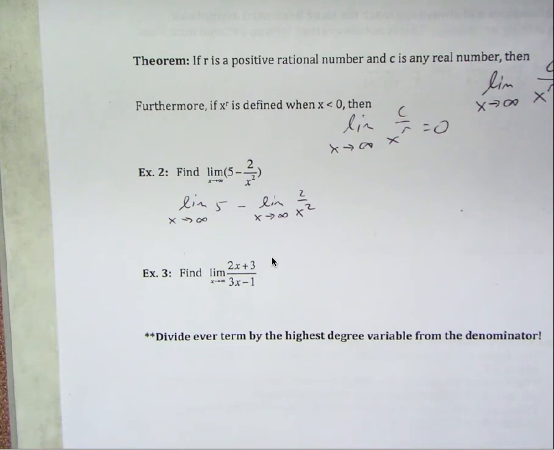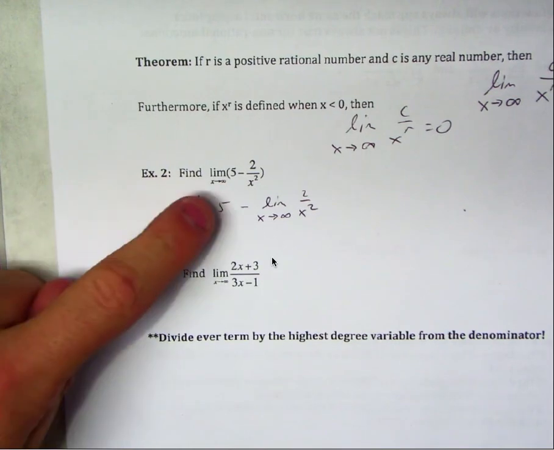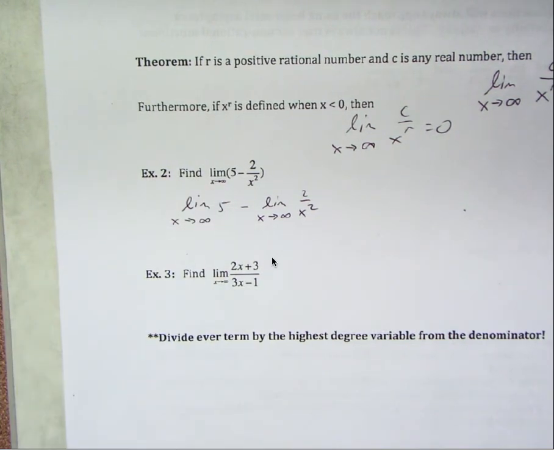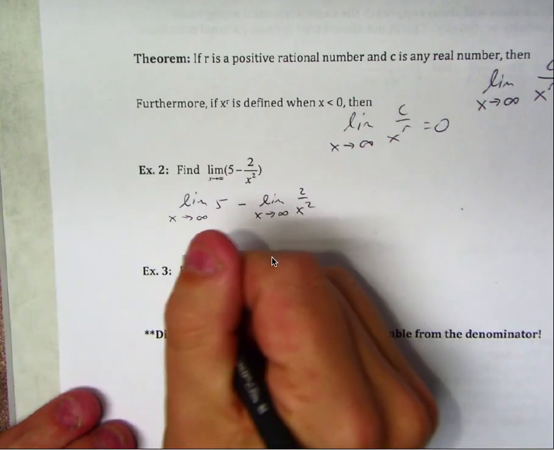Oliver, what's the limit of 5 as x approaches infinity? 5. Just 5. One of the very first limit rules we learned is if you take the limit of a constant, regardless of what x approaches, your answer is 5, or whatever that constant is. If you graph the line y equals 5, as x gets gigantic, y is still 5.